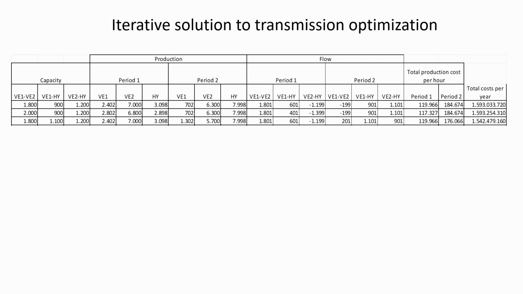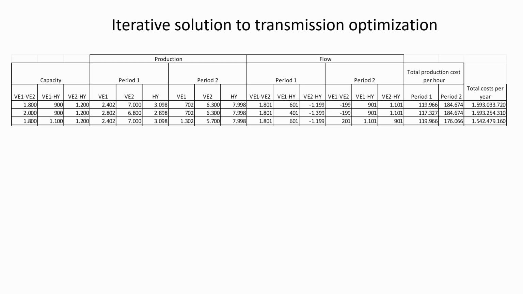And then I make a new calculation where I've increased the capacity of the line V1 to HI, and set all the values from the Power Market Simulator in here. And now I can see that the total costs have reduced.